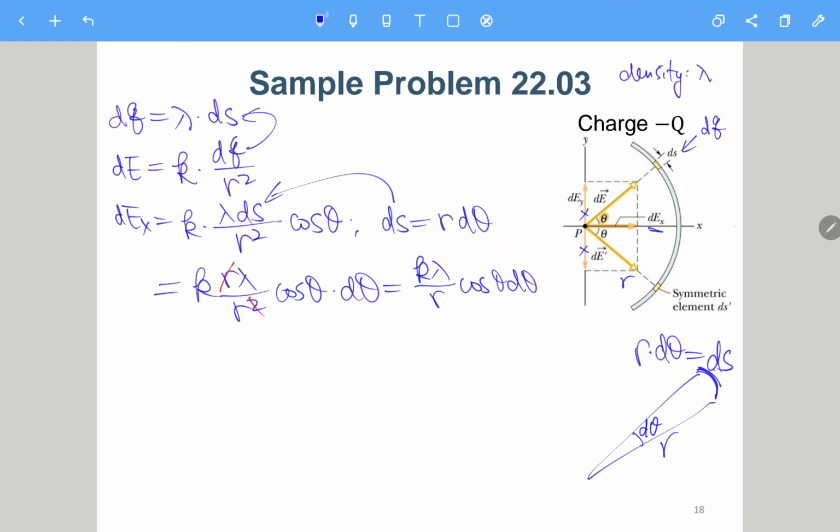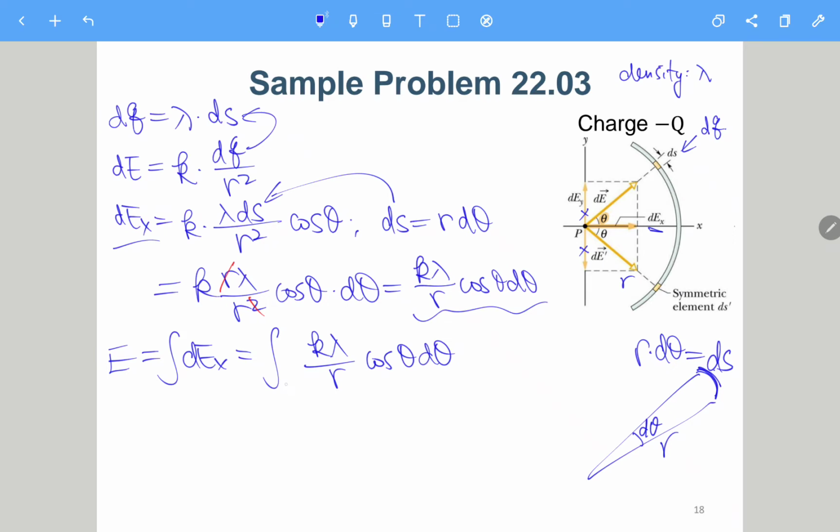Okay, so this is dEx. And finally we can find the overall E field generated by the whole arc by integrating dEx. So we can just put this part here, and we have k lambda over r cosine of theta d theta.